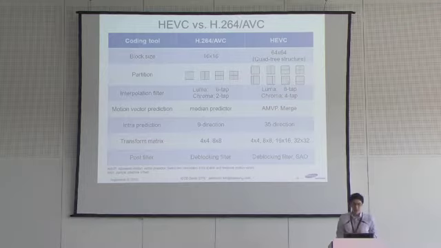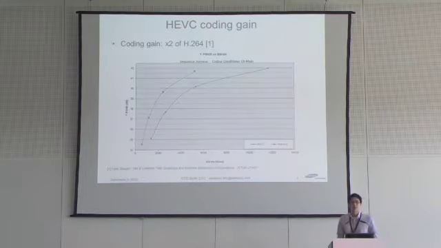There are more directions in the interpolations and a more complicated interpolation filter for motion compensation. There are large transform matrices for transform coding, and another post filter named SAO, sample adaptive offset.